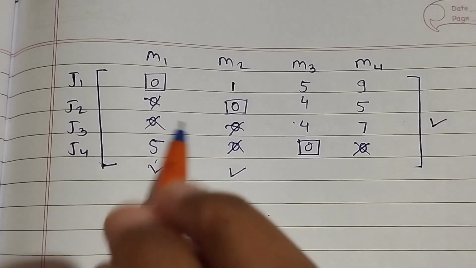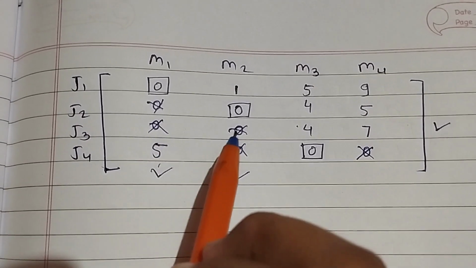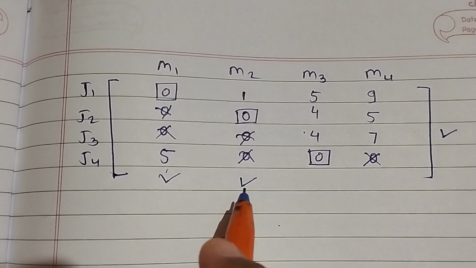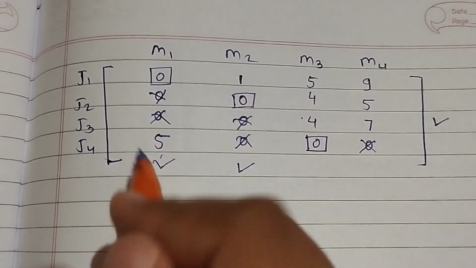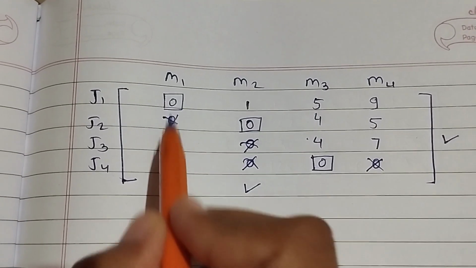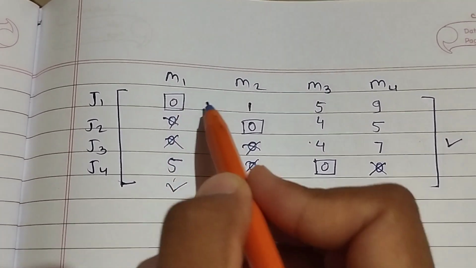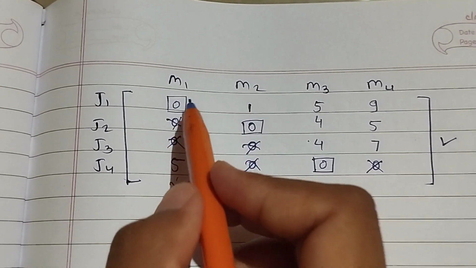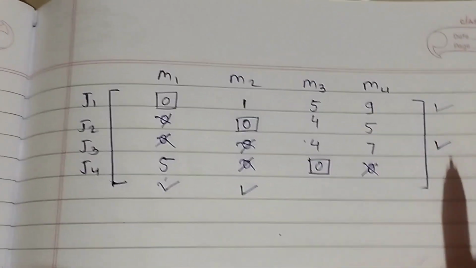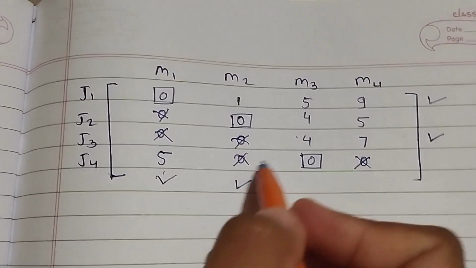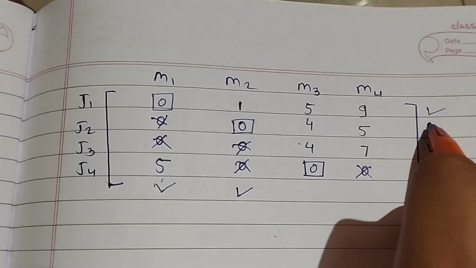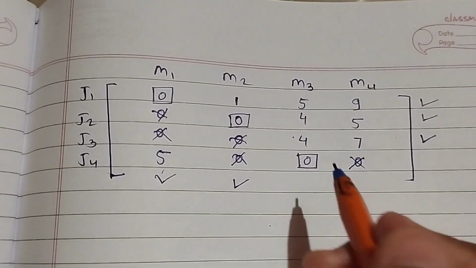Here the first column and the second column have a crossed 0, so we tick those two columns. Now in the respective columns we check whether an assigned 0 is present. The first column has an assigned 0 at the first row, so tick that row. For the second column, the assigned 0 is present at the second row, so tick that row.